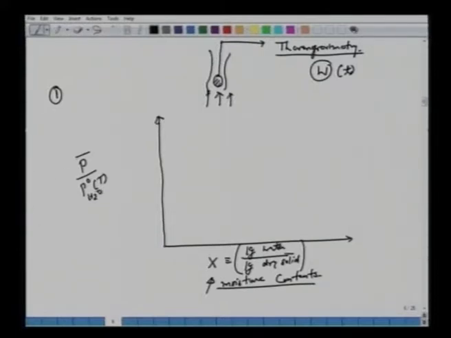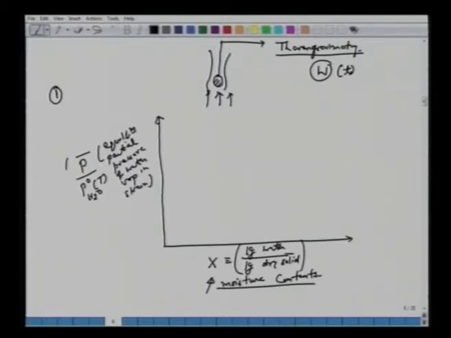So this P bar is the equilibrium partial pressure of water vapor in the stream.